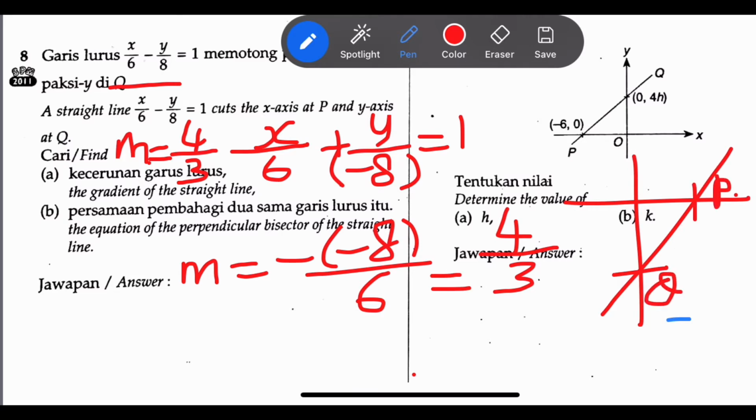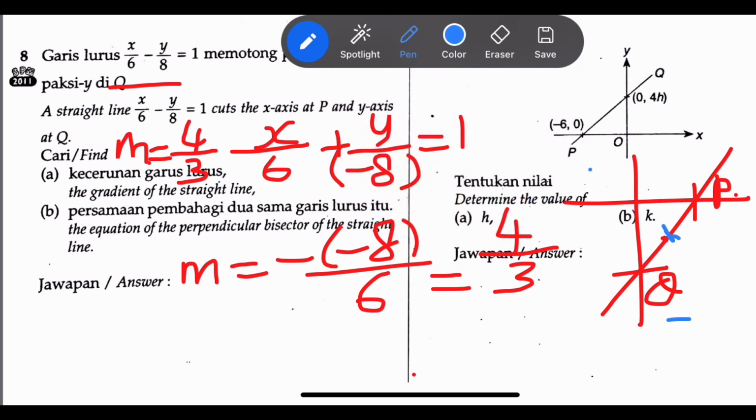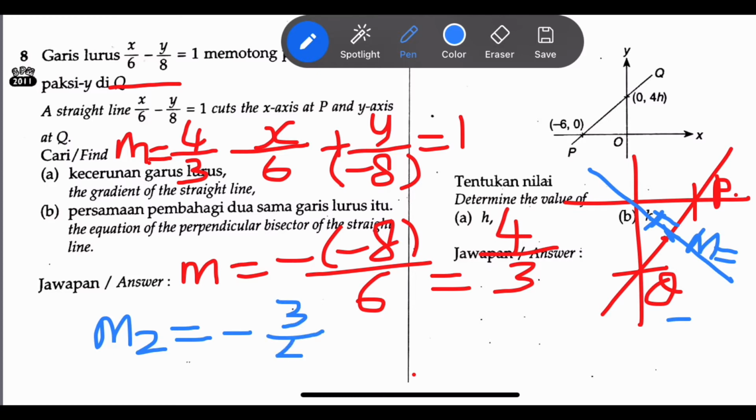Right, so imagine that you have a straight line like this. So that means you have the point P and point Q. The point P is the x-intercept, which is (6, 0), and the point Q is (0, -8). And then we have an equation which is perpendicular to the red line.